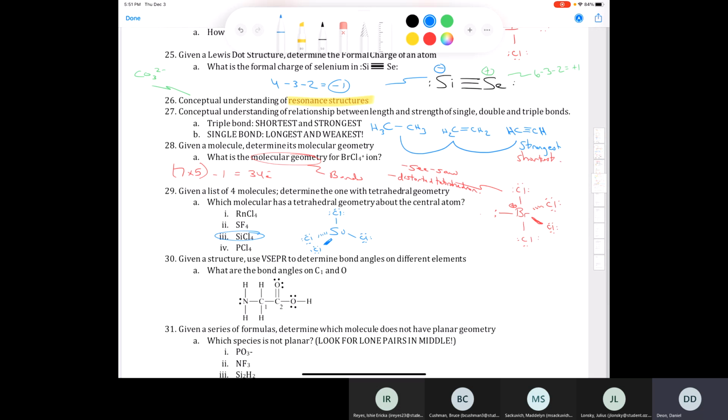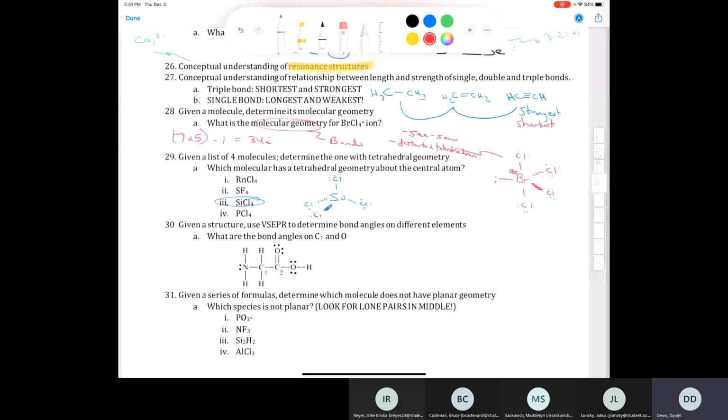So since it's surrounded by 4 regions of electron density, it's tetrahedral, right? If I look at the structure of radon tetrachloride, it's actually square planar. Okay, so maybe I could just write them out here. This is square planar. Sulfur tetrafluoride is seesaw.